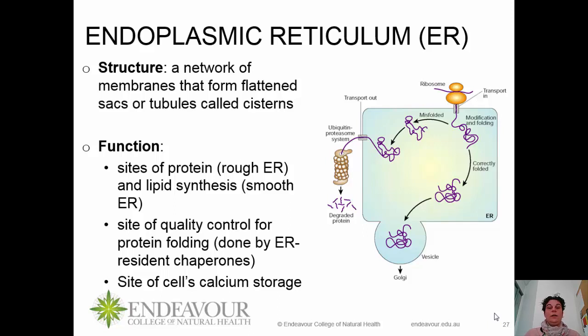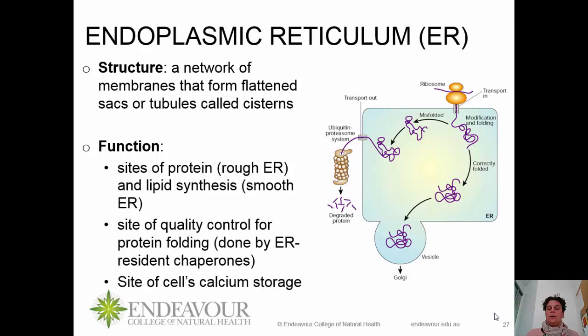So let's kick them off with introducing something we called endoplasmic reticulum, or ER. The structure of the endoplasmic reticulum is a network of membranes that form these flattened sacs and tubules all the way through the cytoplasm.